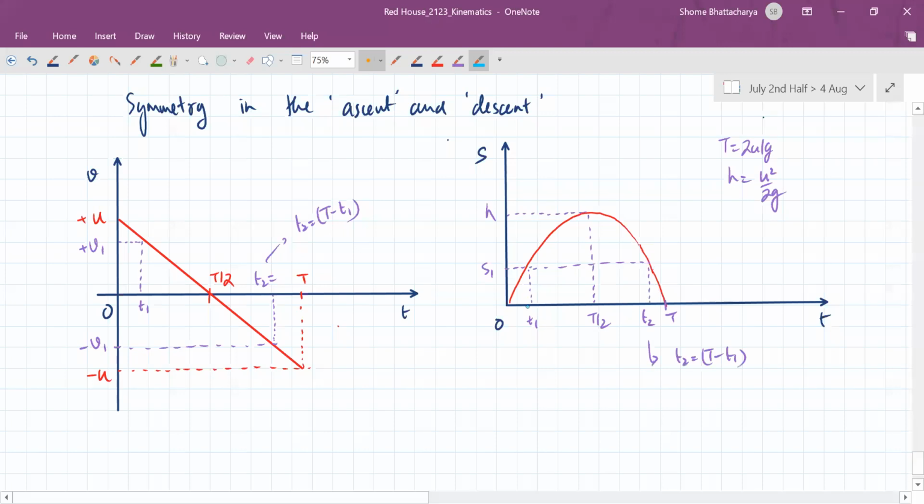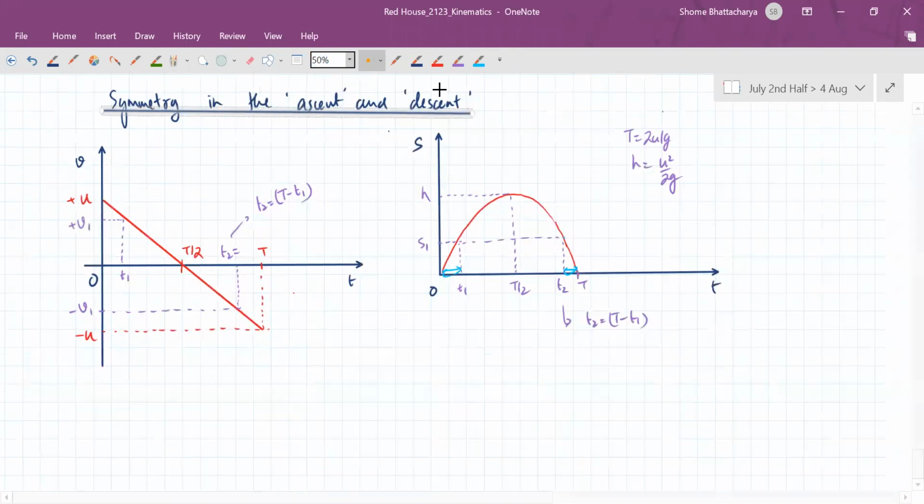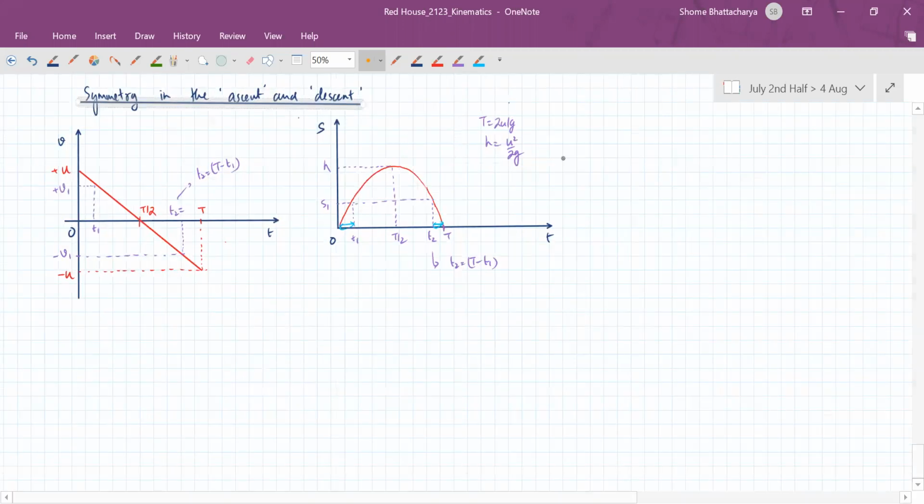That is, this interval of time here has to be equal to this interval of time here. Only then this displacement is common, or the velocities are equal and opposite. So this is the symmetry of the upward and downward journey represented graphically. So make a note of this, and we'll see some typical type of question based on this idea.